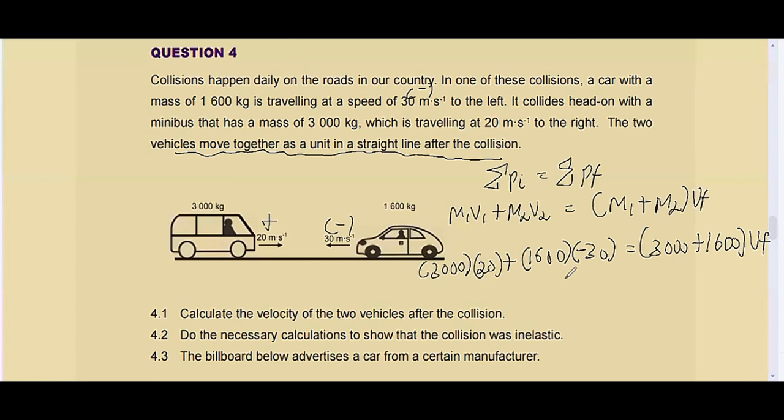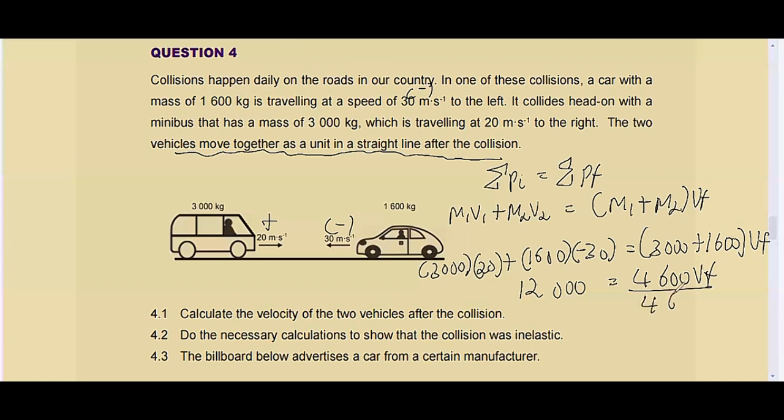Now let's punch all this in our calculator. That's 3,000 multiplied by 20 plus 1,600 multiplied by negative 30. Then we have 12,000 is equal to 4,600 VF.